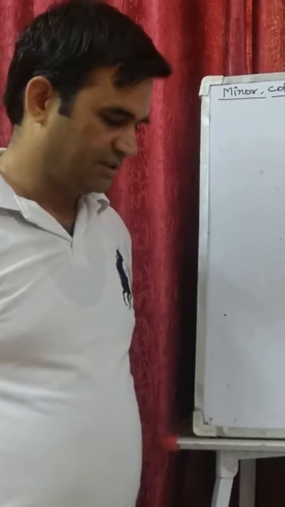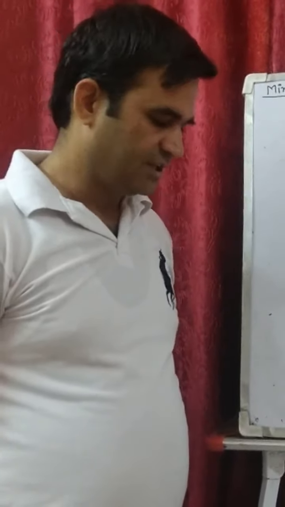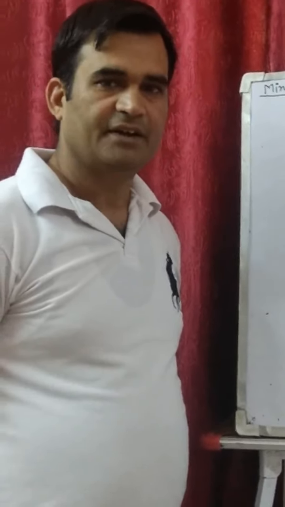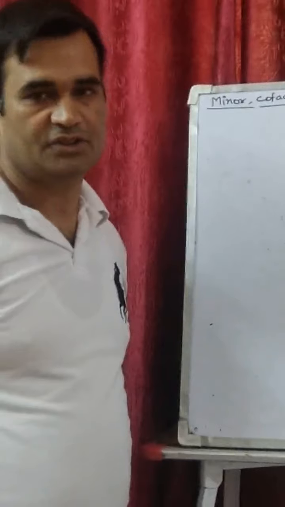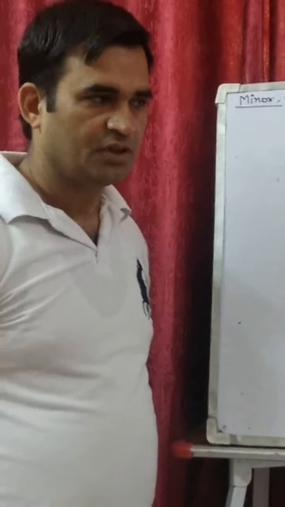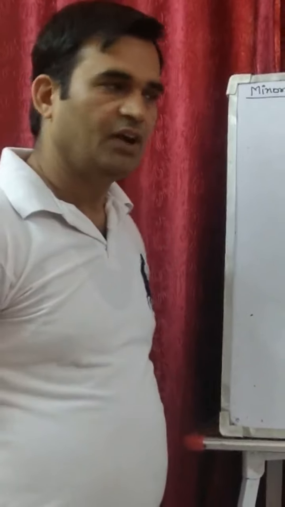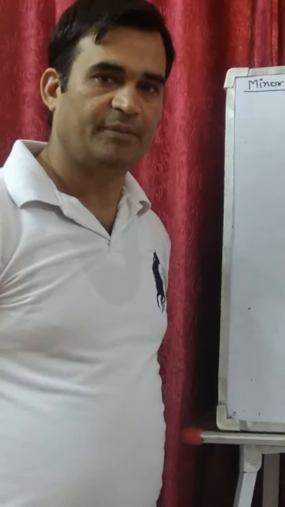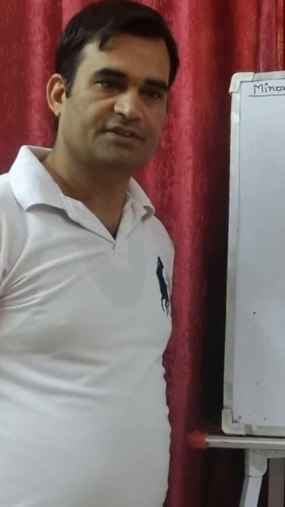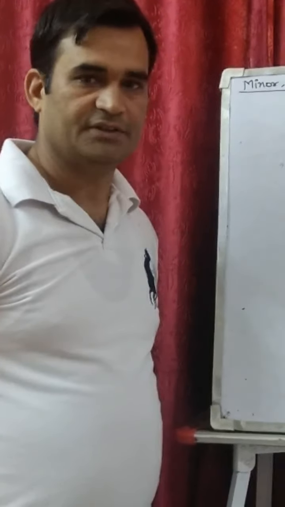Everyone, in today's topic we are going to discuss minor, cofactor and adjoint of a square matrix. What we have discussed till now is the procedure to find the determinant of a square matrix and the properties of determinants.